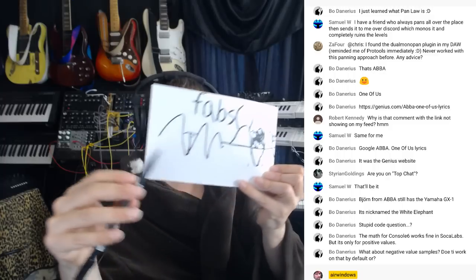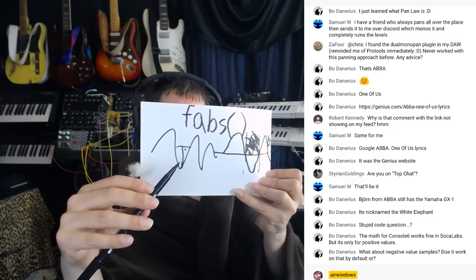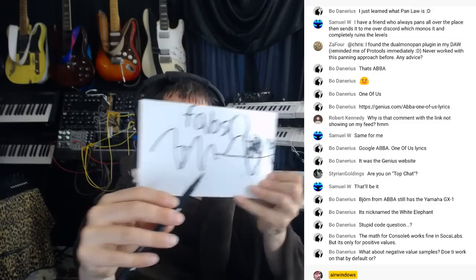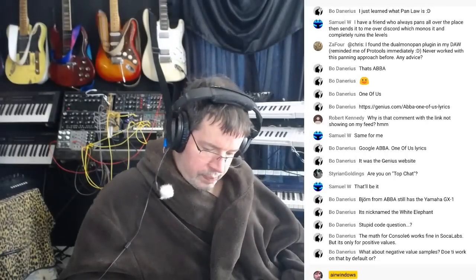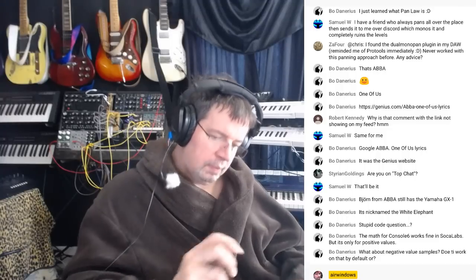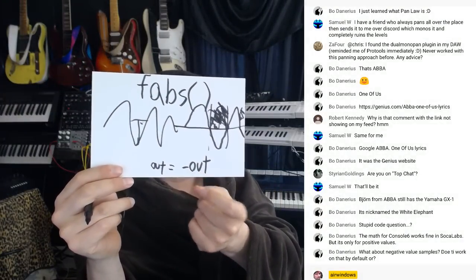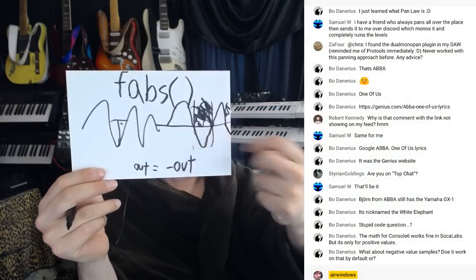You say, okay, if the input was less than 0, then let's take the output and say out equals negative out. I just made it negative again.